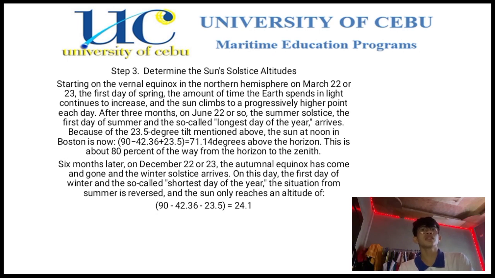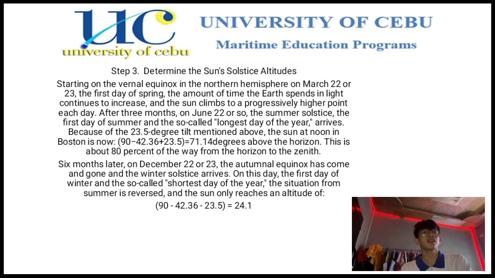Because of the 23.5 degrees tilt mentioned above, the sun at noon in Boston is now 90 minus 42.36 plus 23.5, which equals 71.14 degrees above the horizon. This is about 80% of the way from the horizon to the zenith.